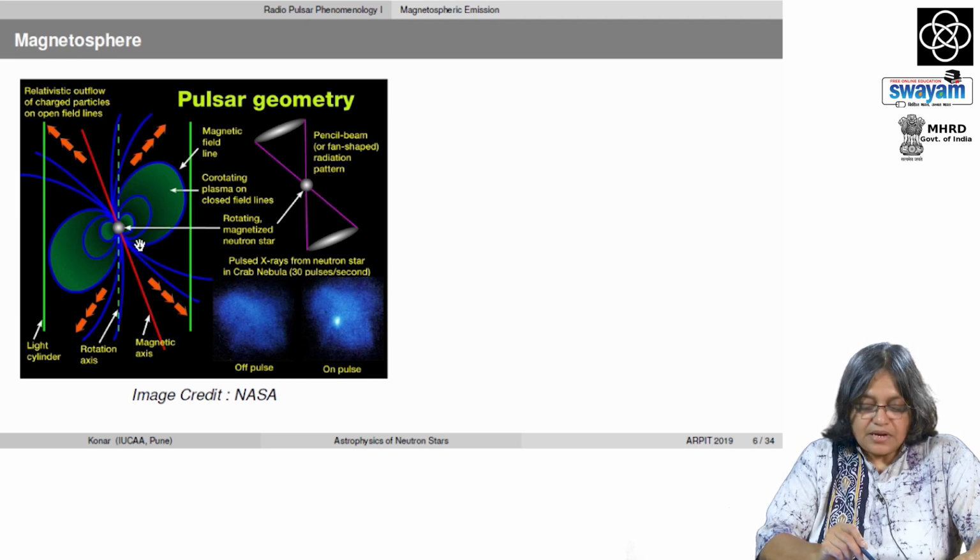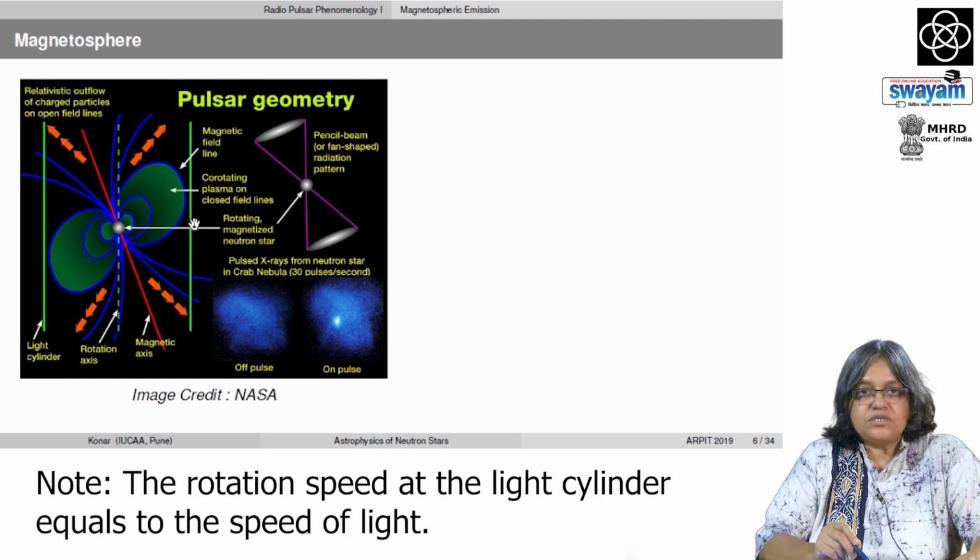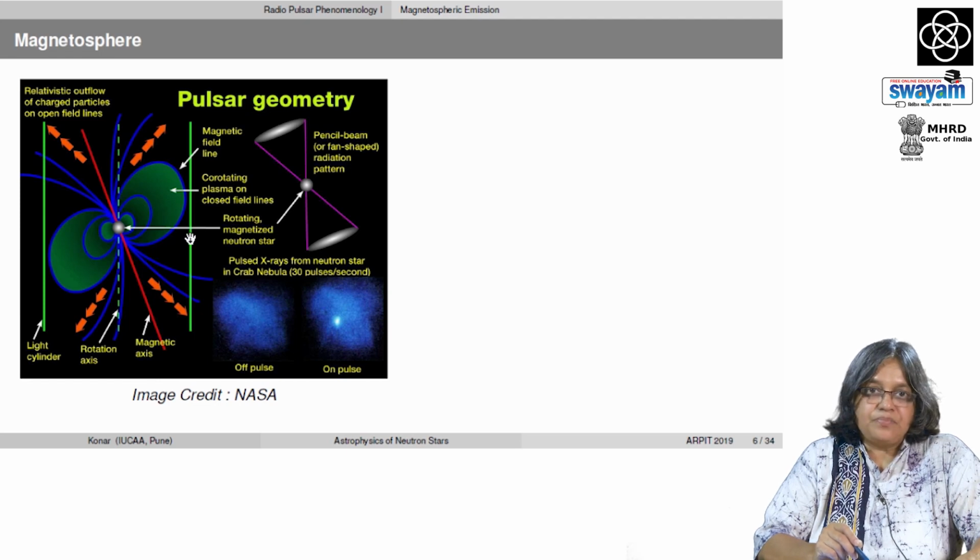Now, there is a radius we can define, a distance from the center of the neutron star, which you call the light cylinder. If you estimate the velocity at this radius, which is in sync with the spin period of the neutron star, then the radial velocity becomes equal to the speed of light at such a radius.